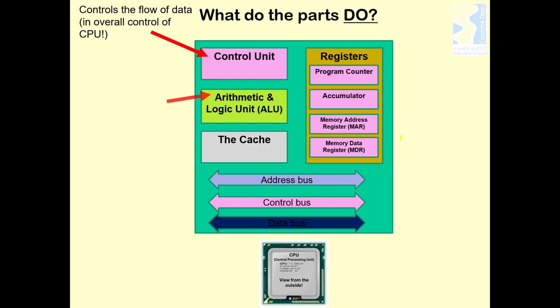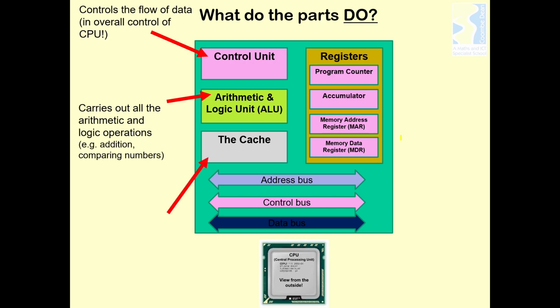ALU, arithmetic logic unit, does all the calculations, all the arithmetic and logic operations. Things like adding, comparing numbers, binary shifts, all that's carried out by the ALU. The cache, quick access memory inside the CPU. So it stores regularly used data and instructions. It's much quicker than having to go to RAM, because it's inside the CPU, so it helps speed up the CPU.